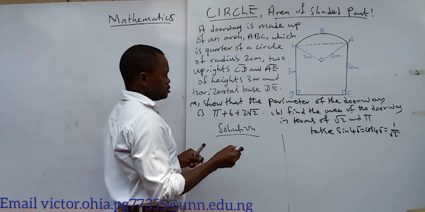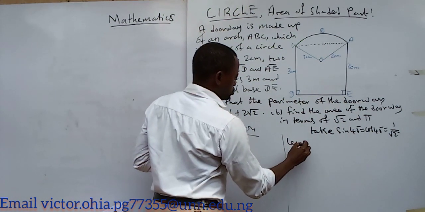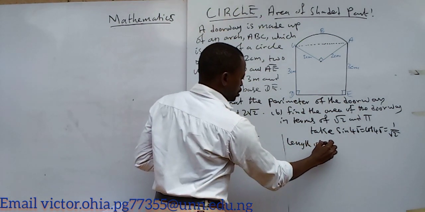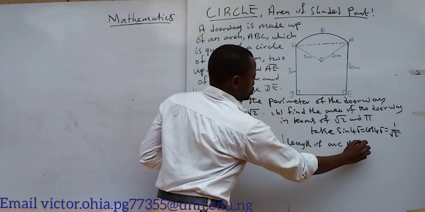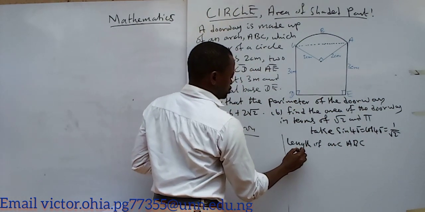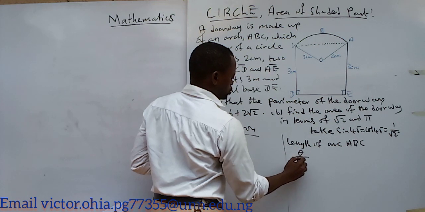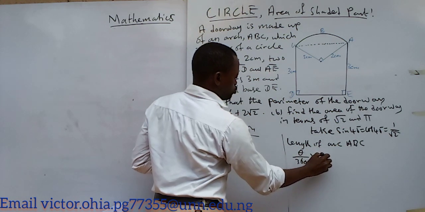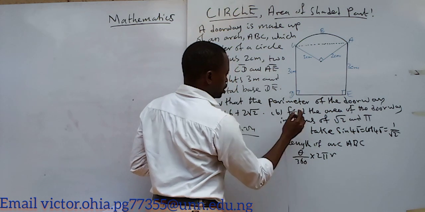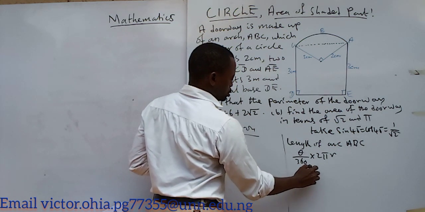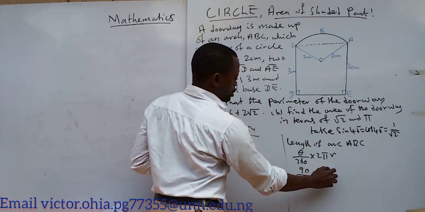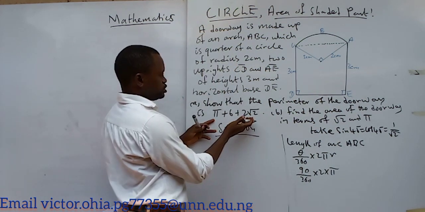I will say length of arc ABC. Length of an arc is given by theta over 360 times 2 pi r. Here I have theta to be 90 over 360 times 2 times pi, because they say we should leave it in terms of pi.